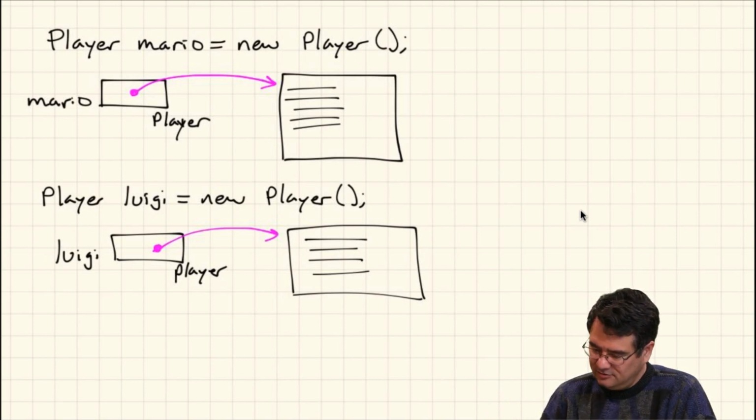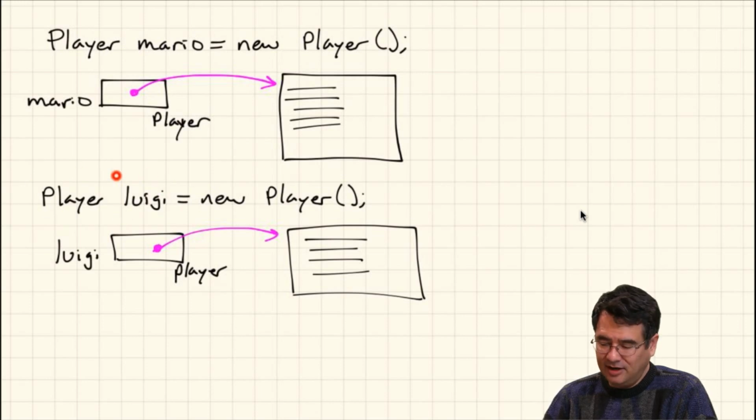All right, so this statement here, the right-hand side allocates the memory for the object. The left-hand side says, make me a box labeled Luigi. And the equal says, take the address of the object on the right-hand side and store that into the box labeled Luigi.